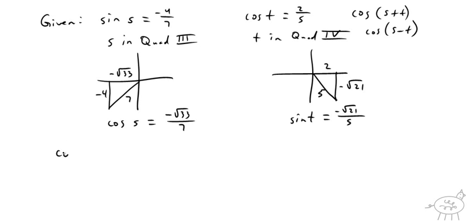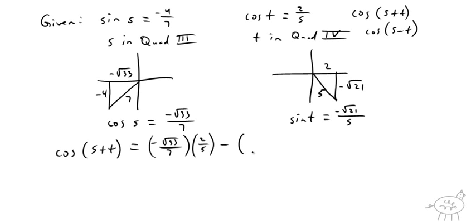We're almost done here, right? Again, cosine of S plus T equals cosine of S, which is negative root 33 over 7, cosine of T, which is 2/5, and then it's minus sine of S, which is negative 4/7, and sine of T, which is negative root 21 over 5.